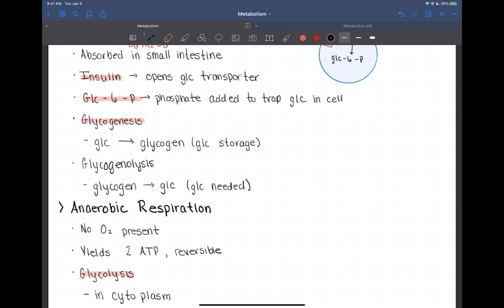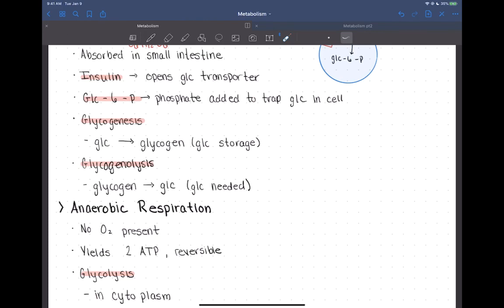I'm going to say glycolysis is the first step of aerobic respiration. So glycogenolysis is the breaking down of glycogen to glucose when you need glucose. Then that glucose you've freed up from the glycogen can now go into our first step of respiration, whether it's anaerobic or aerobic. You'll take that glucose and use it for the first step.